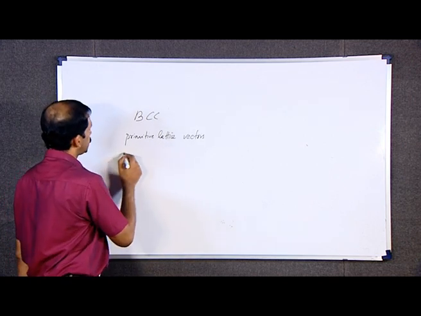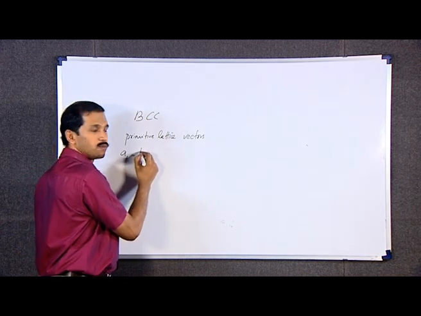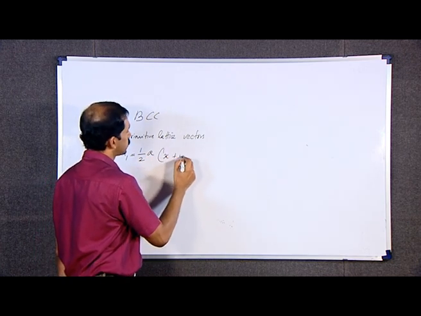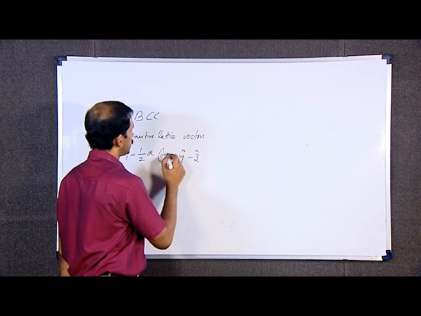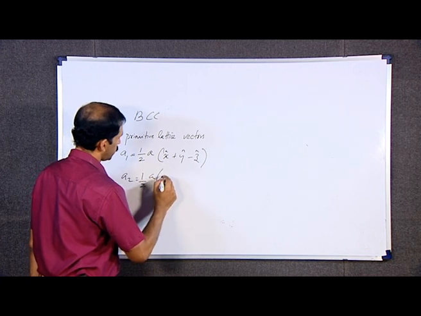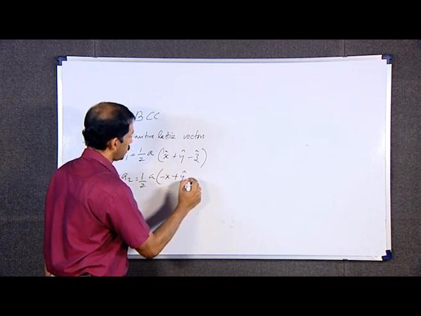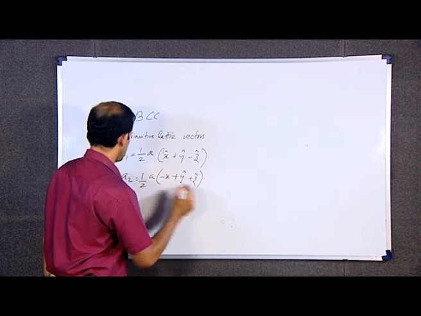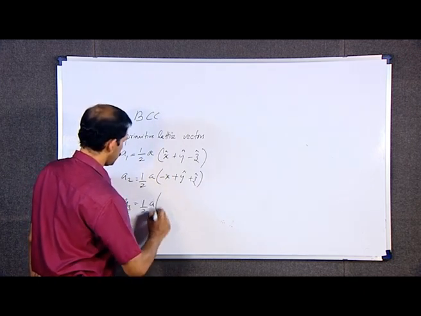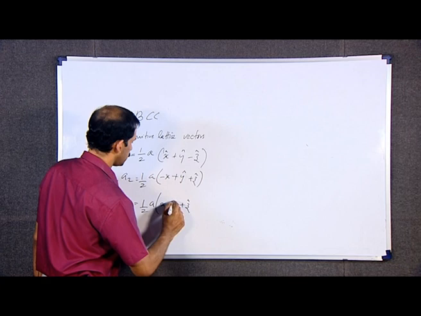The primitive lattice vectors are A1 is equal to 1 by 2 A into x plus y minus z, A2 is equal to half A into minus x plus y plus z, and A3 is equal to half A into x minus y plus z.